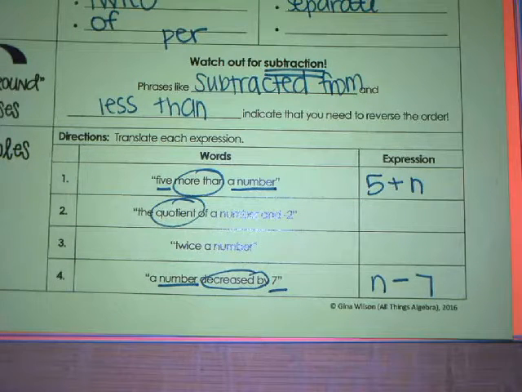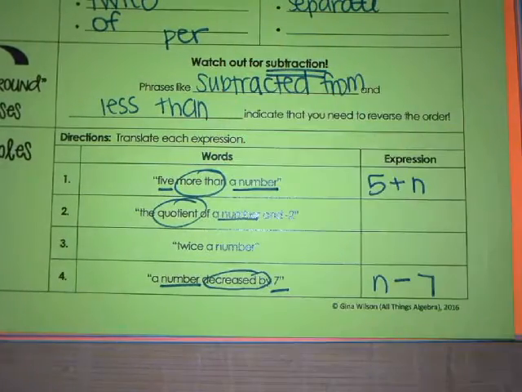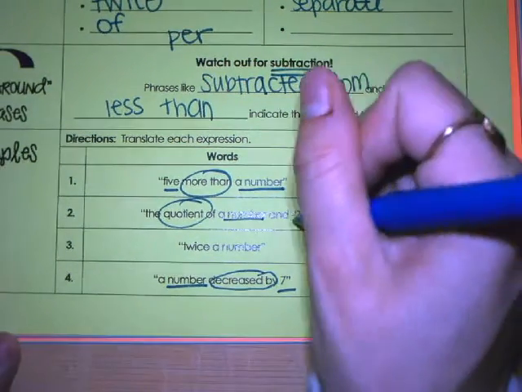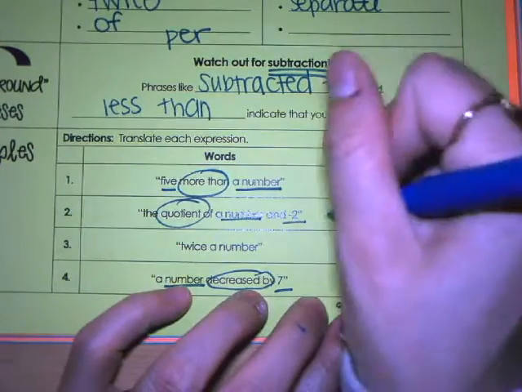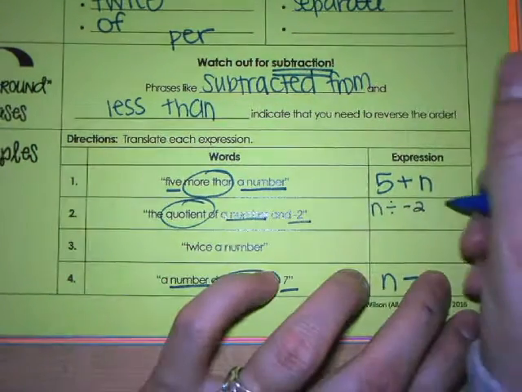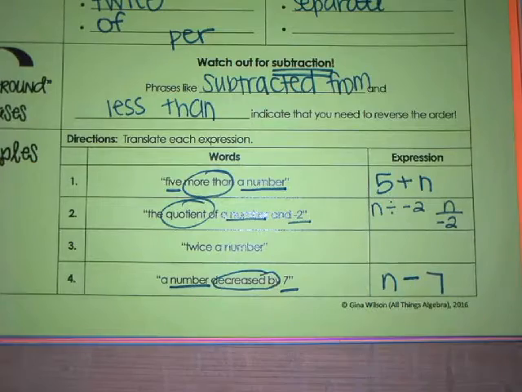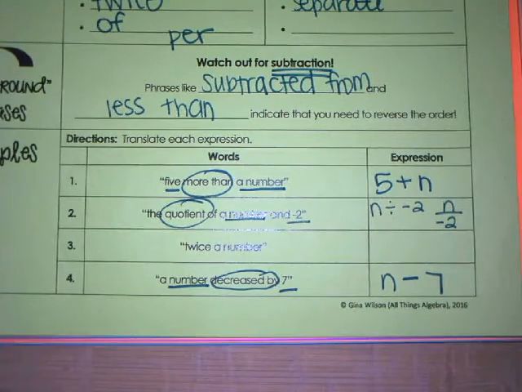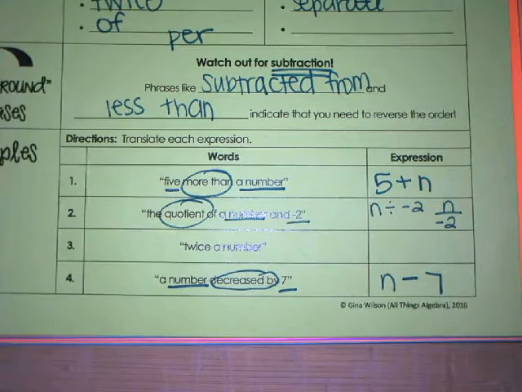So what should come first? A number. And what am I dividing it by? So it's n divided by -2. Or you could write it like a fraction. Either way is acceptable because it both means to divide. Make sense?